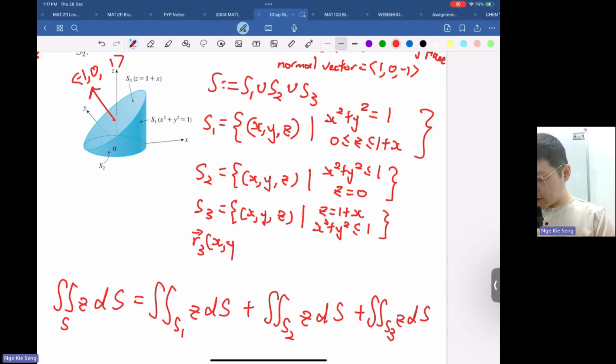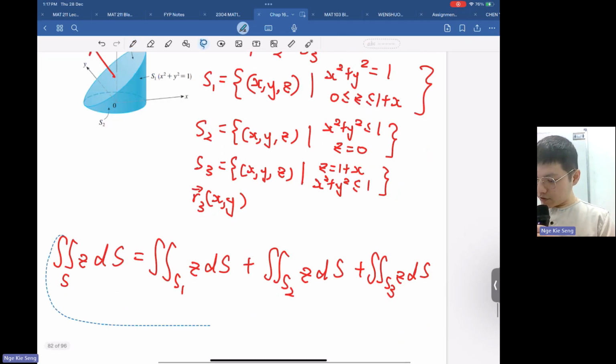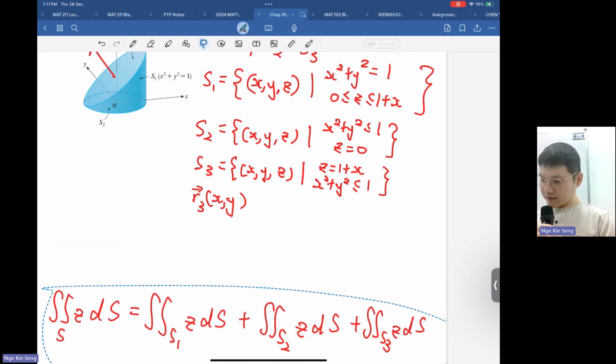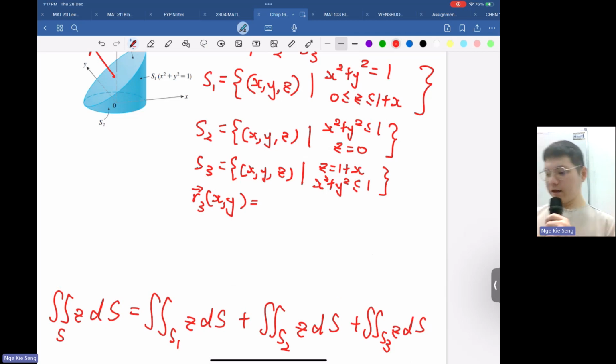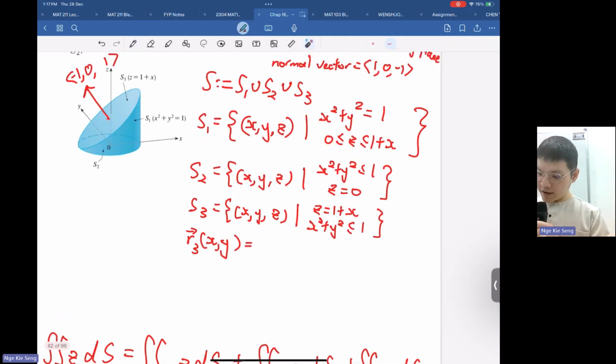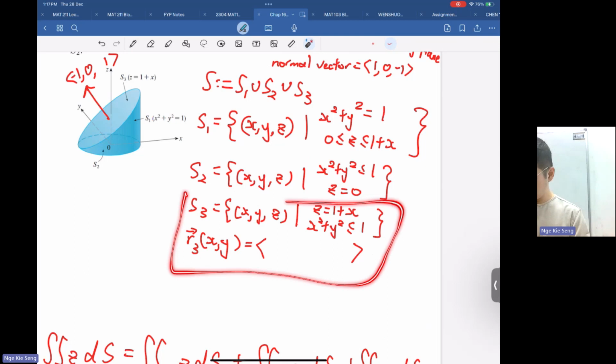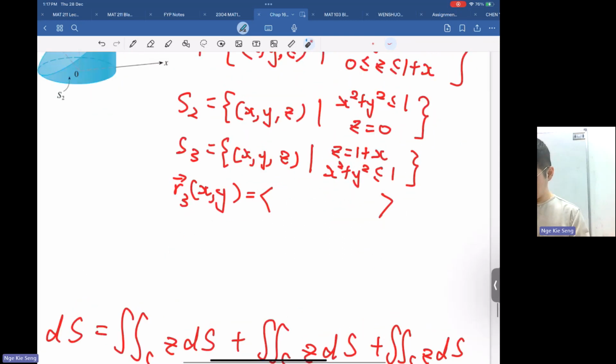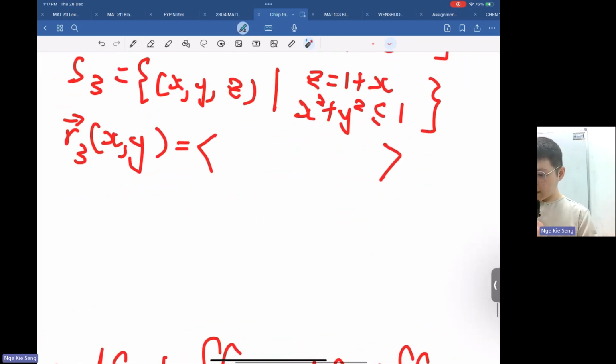We have an xy variable here. Can we control this xy so that I can find all the points in my S3? Is there a way to do it? Look at what equation S3 has to satisfy.